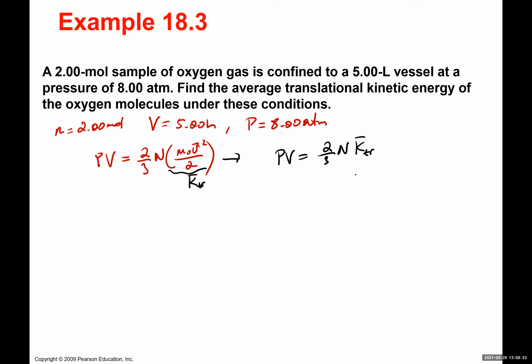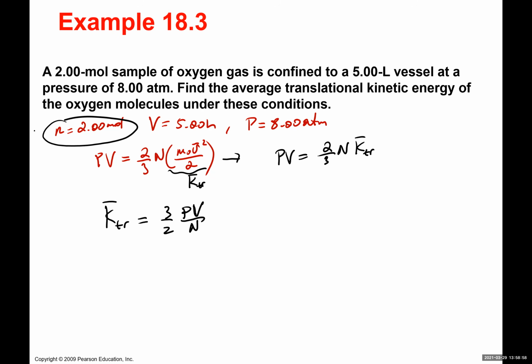Okay. So if I rearrange, then average translational kinetic energy would be 3/2 PV over N. Now N is the total number of molecules, but I'm given the number of moles.